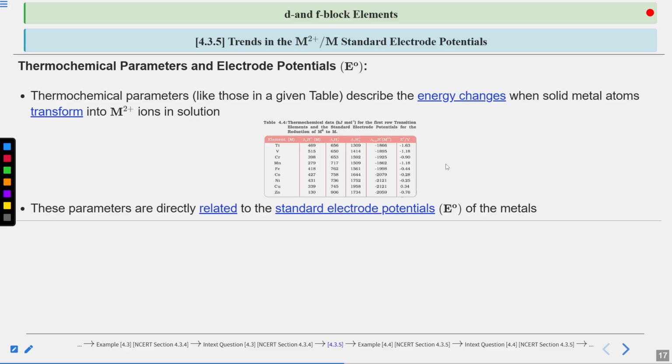The direct conversion from metal solid to metal 2 positive aqueous is where the E naught is going to be the energy that decides the conversion, but it involves various steps, in which we are going to need the atomization enthalpy, the ionization enthalpy 1, ionization enthalpy 2, and hydration enthalpy. So they are both related to the E naught value. Okay, so basically E naught is related to the ionization enthalpy 1, ionization enthalpy 2, plus hydration enthalpy and atomization enthalpy.